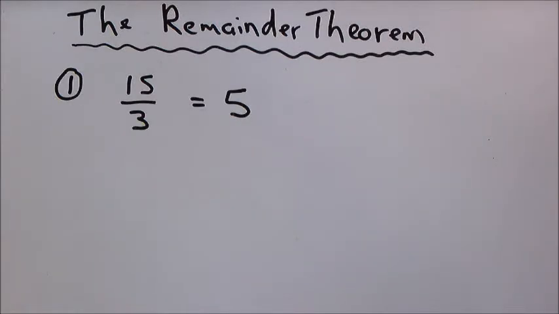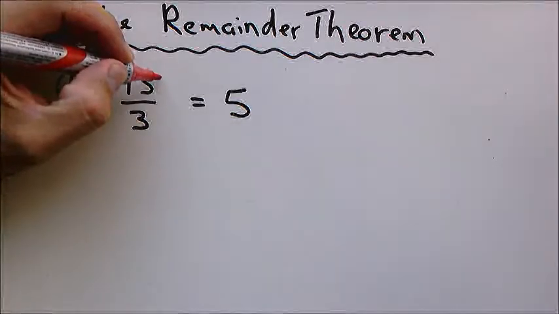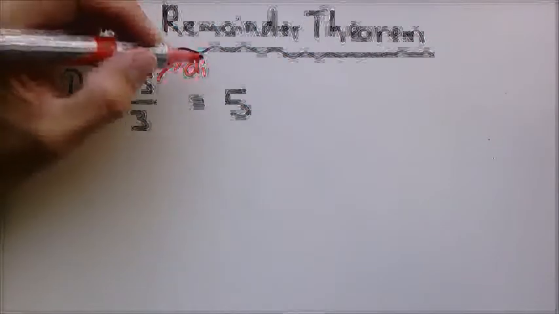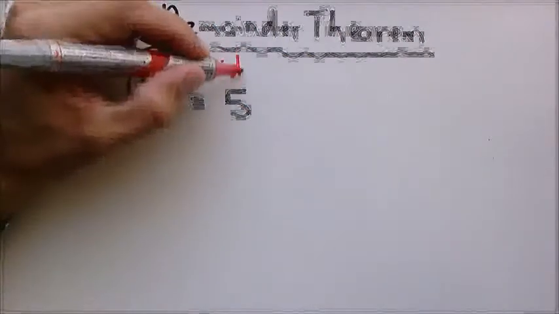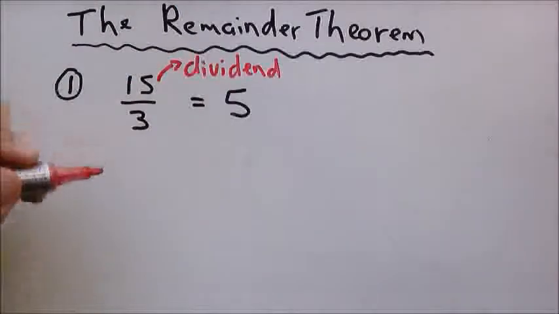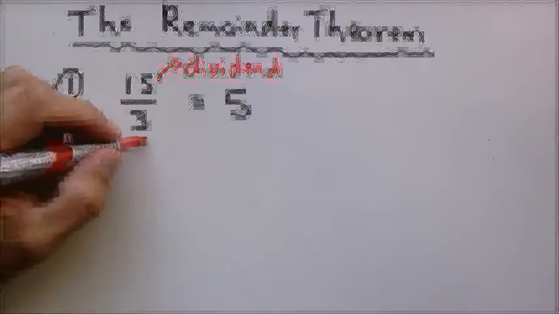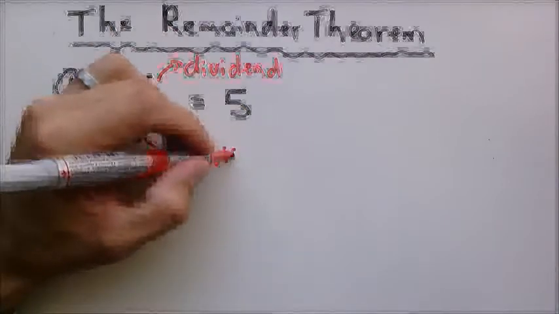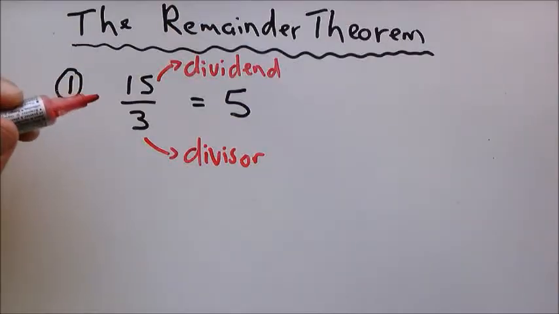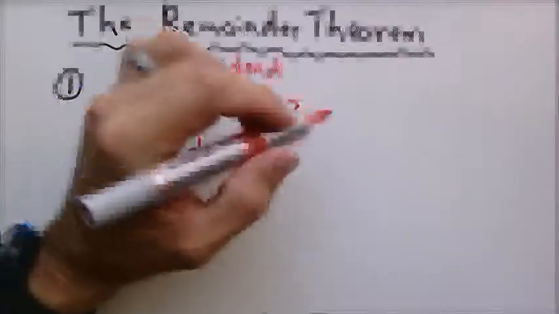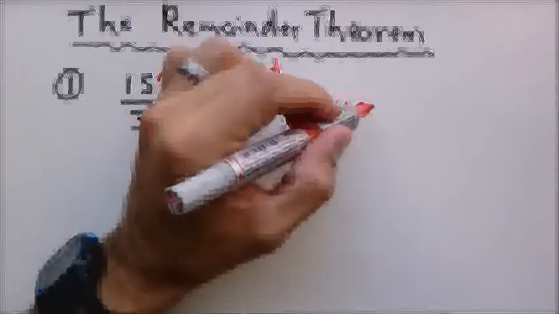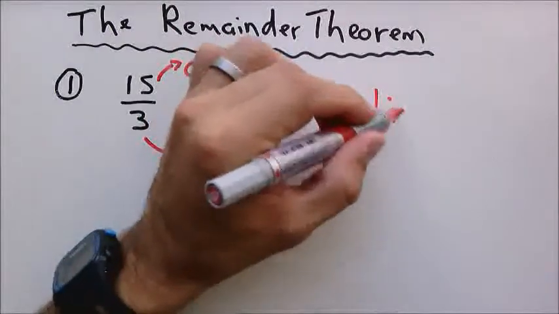Terminology wise, this is our dividend, and the 3 is our divisor, and the 5 is our quotient.